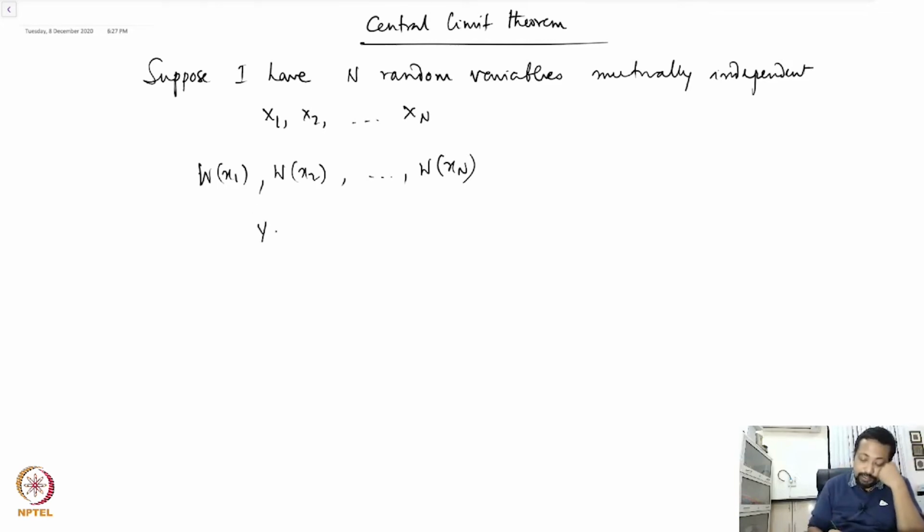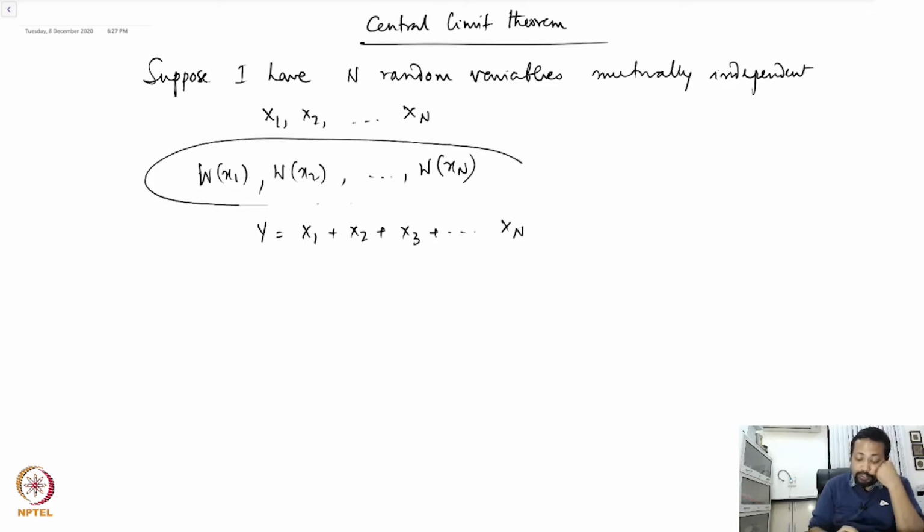So then let's define a variable which is y = x1 plus x2 plus x3 all the way up to xn. Given this probability density w, I want to know what is the probability density p(y) of y, right?